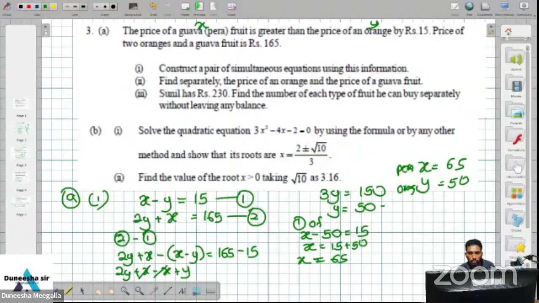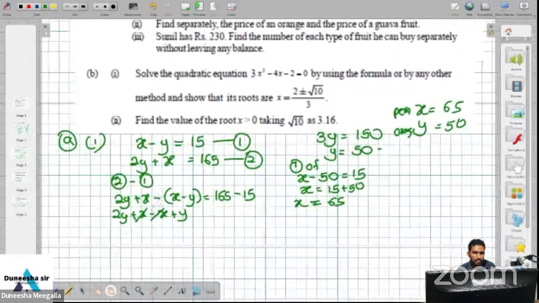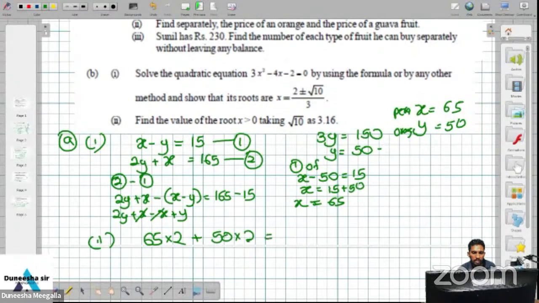You can take 2 guava and 2 orange: 65 multiplied by 2 plus 50 multiplied by 2. It's 230 rupees.